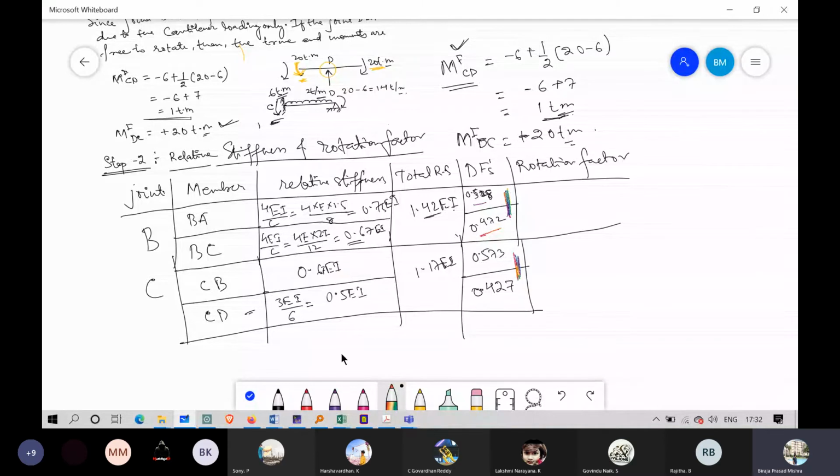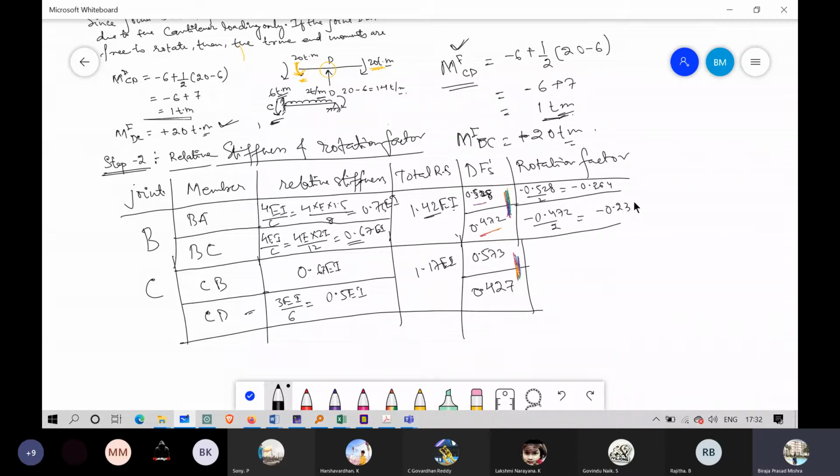It will be minus 0.528 divided by 2. So that is coming as minus 0.264. Similarly, minus 0.472 divided by 2 is minus 0.236.